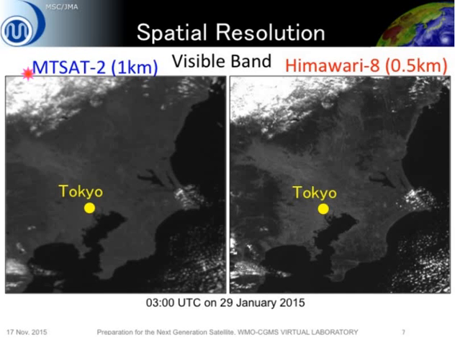Comparing MTSAT to Himawari 8 can clearly detect shape of cloud, this area, and surface condition, like surface condition pattern like mountain area and rivers and coastline are also observed clearly by Himawari 8.